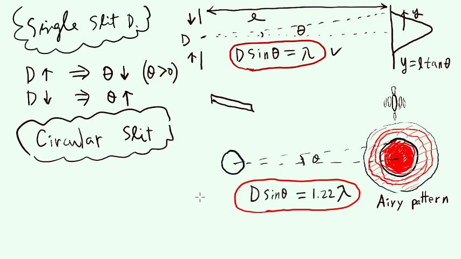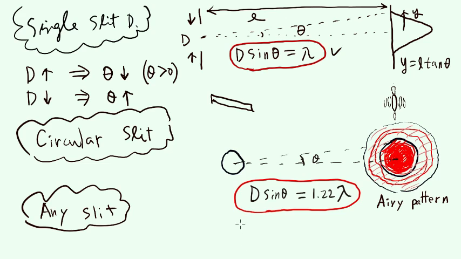But one thing is for sure: no matter what kind of slit you have, banana slug or whatever, you can define some sort of linear dimension d that characterizes the slit size.